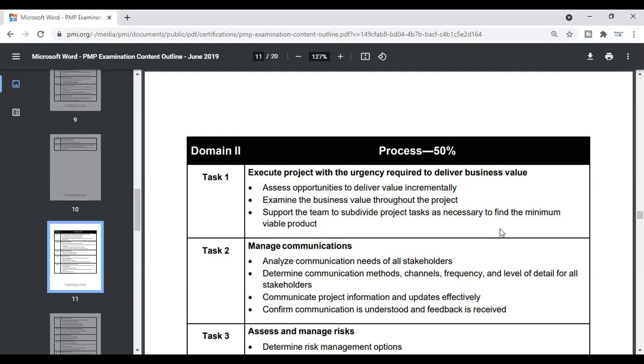Is it something that will fly in the market? Is it something that customers would want? Is it something that is a viable product to deliver value, to bring in, be it revenues or benefits or satisfaction? And that is what MVP is all about.